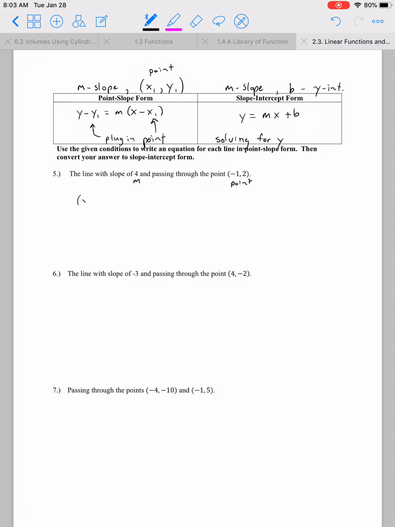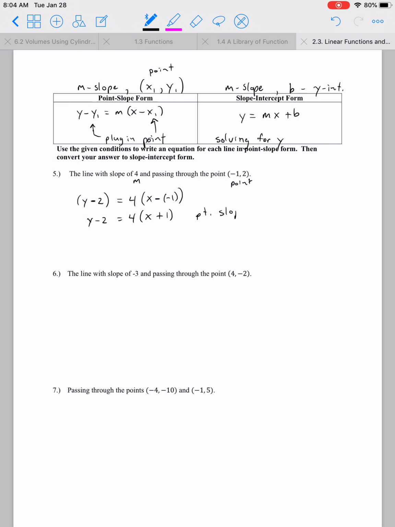It's pretty much just writing it: y minus y1, that's y minus 2, and that's going to equal the slope 4 times x minus -1. Okay? And so we can just pretty this up a little bit. y minus 2 equals 4 times x plus 1.